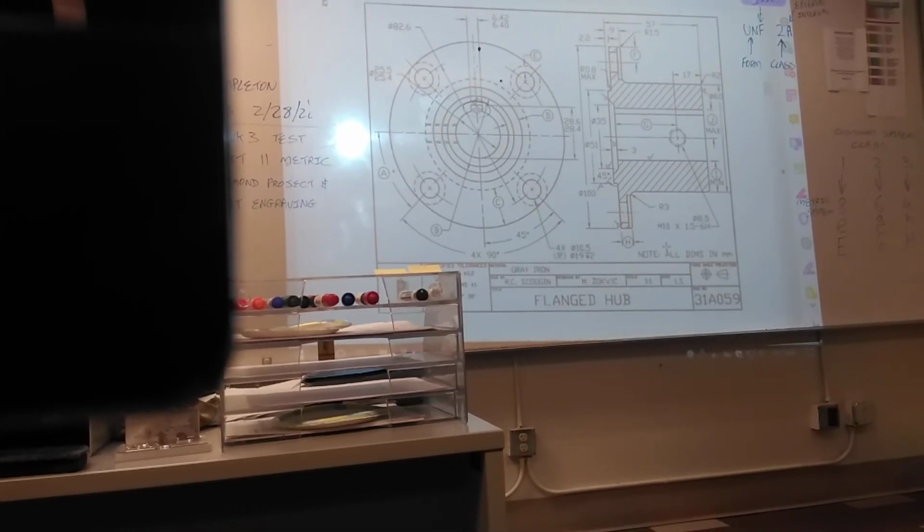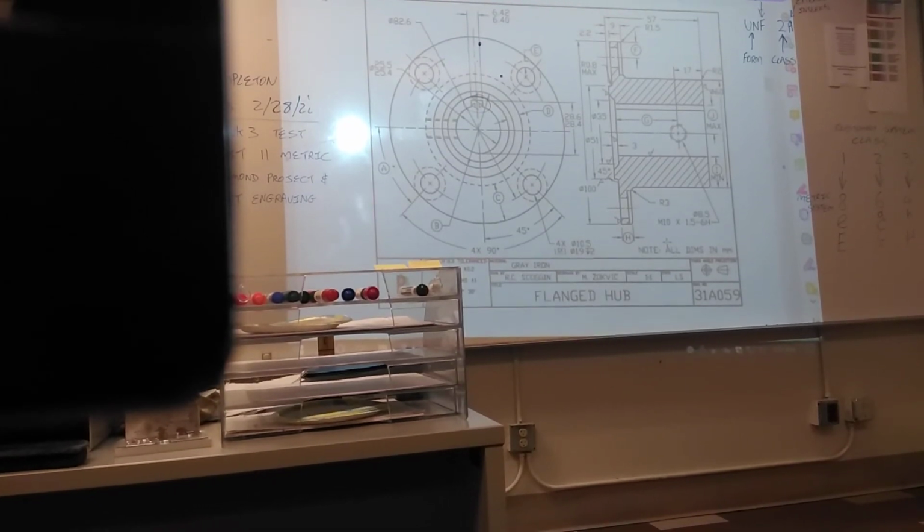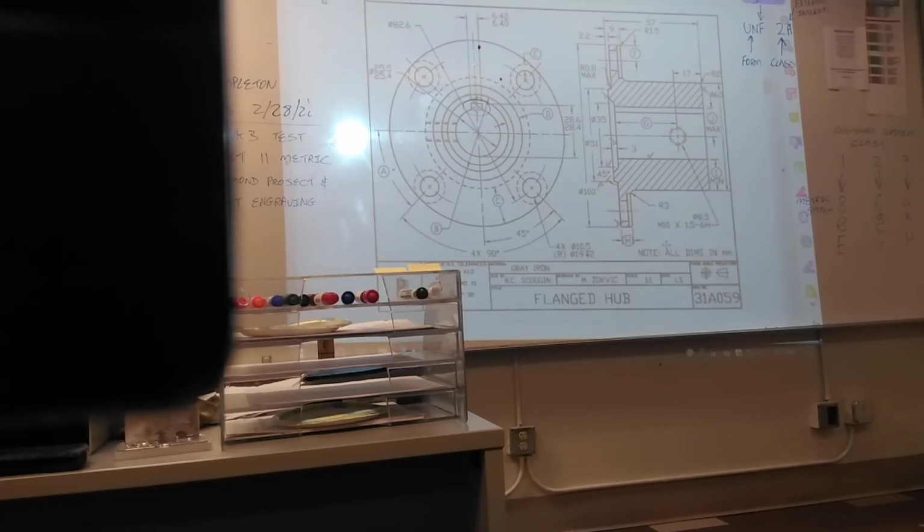So what is the flange? If you're not sure of a word, where are you going to look? The glossary of terms, the dictionary of terms in Unit number 1. What does it tell you about flange?